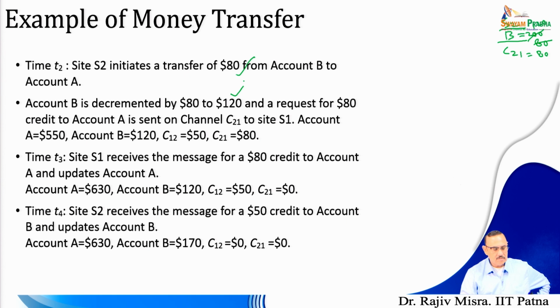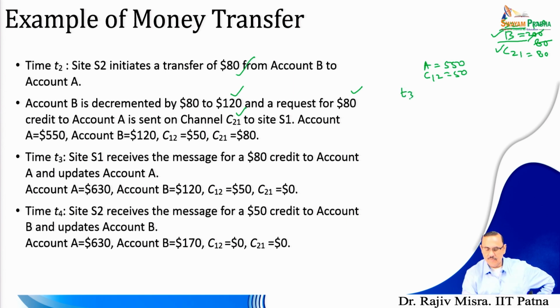So, account of B will become 120 and the request for 80 will be credited to the channel that is 2 to 1 account, then in that case A will become 550 and the channel 1 2 will become 50. Here the channel 2 1 will become 80 and the account of B will become 120.